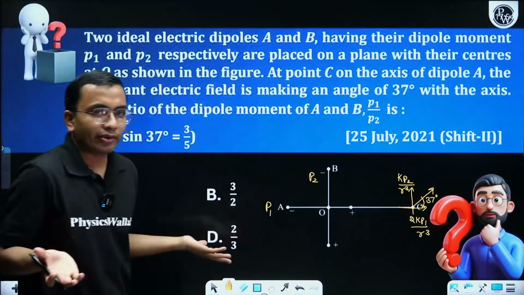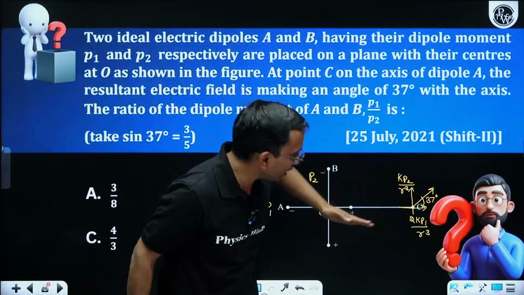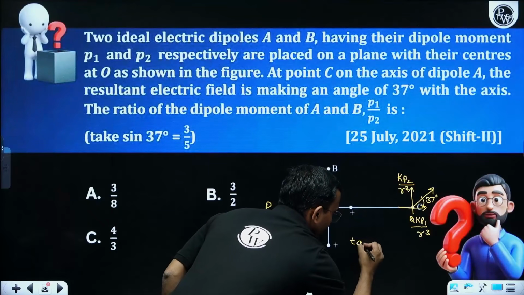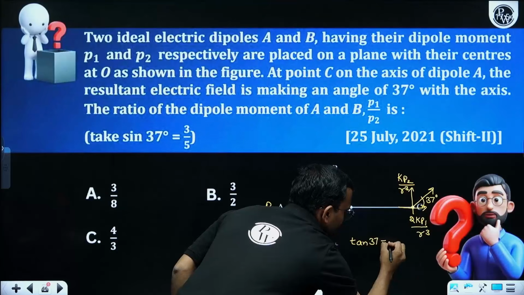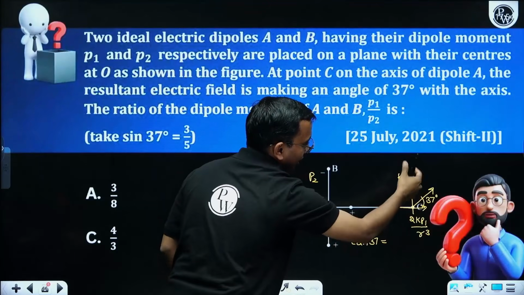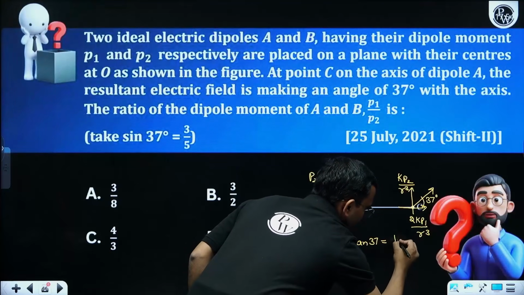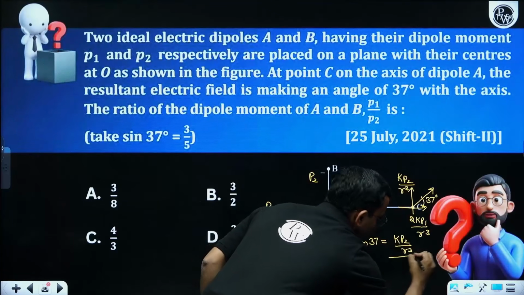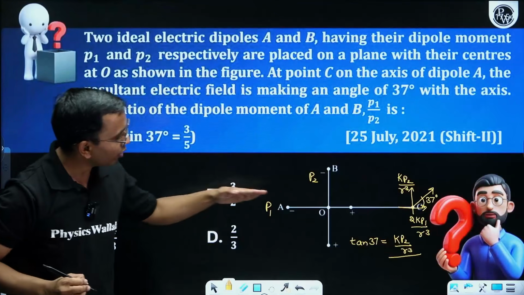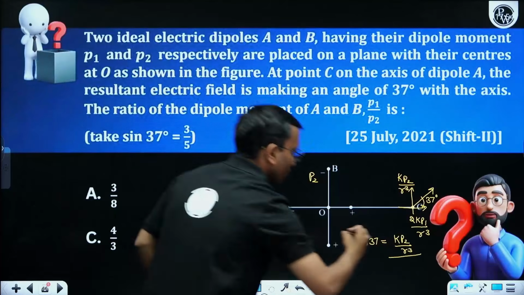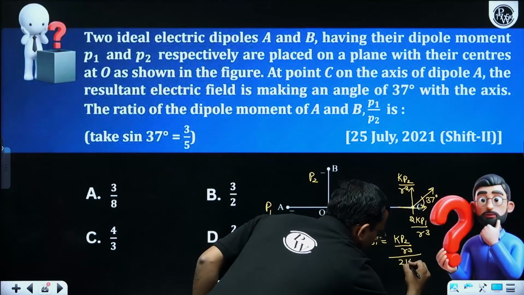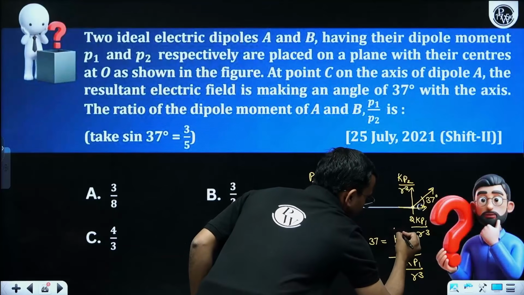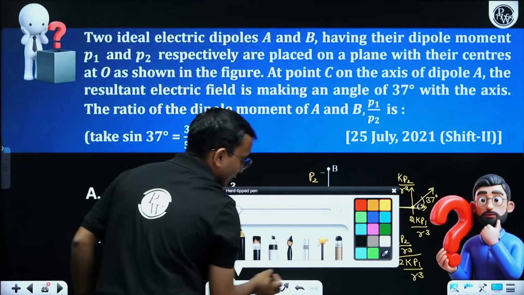Now here I can write tan 37 is equal to the vertical component divided by the horizontal component. So tan 37, this is the vertical component, that is kP2 by r cube, divided by the horizontal component, what is that? 2kP1 by r cube. So k by r cube is getting cancelled.